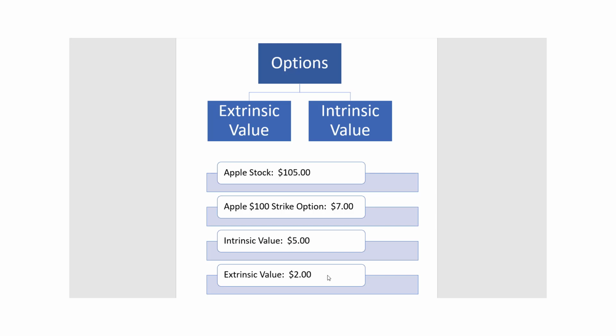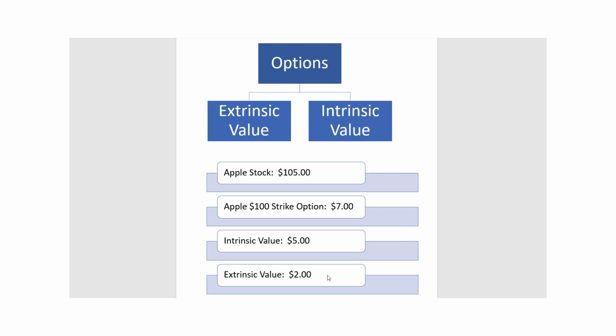And so in this video, we're not going to talk about exactly how it's calculated for any given option. We're just explaining that in general, the extrinsic value is any part of the option that is not intrinsic as far as the valuation goes. So anything else besides the intrinsic value on a given option is considered the extrinsic value.